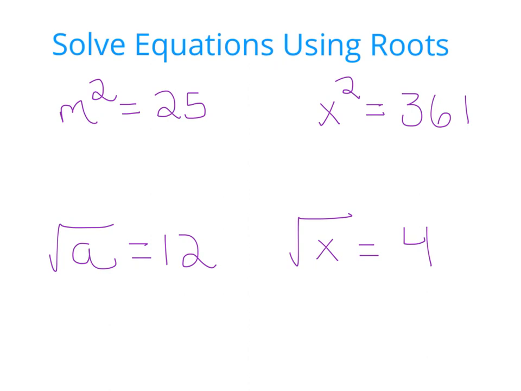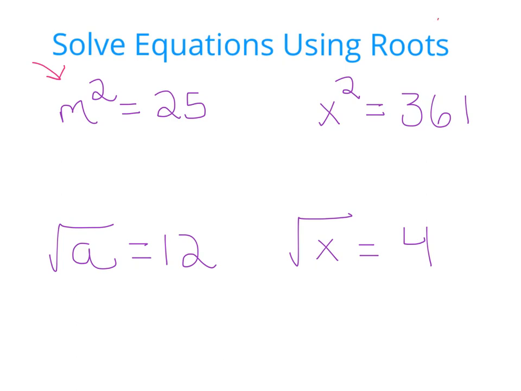All right, so for the first one, m squared equals 25. So some of you, mental math, all you have to do is figure out what number, when you square it, gives you 25. But if you're not sure, what you do when you solve equations, you use inverse operations.